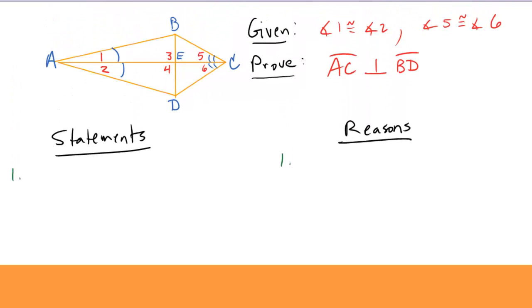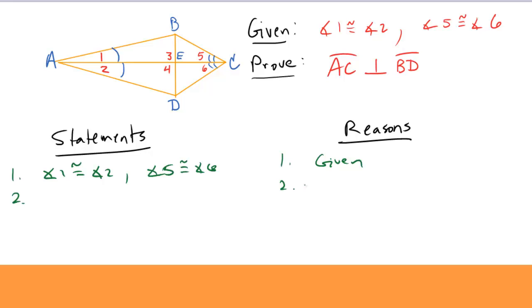So let me start with what I'm given. Angle 1 is congruent to angle 2, and angle 5 is congruent to angle 6. Given. Alright. Now, if I look at what I'm given, I've got these two pairs of angles.